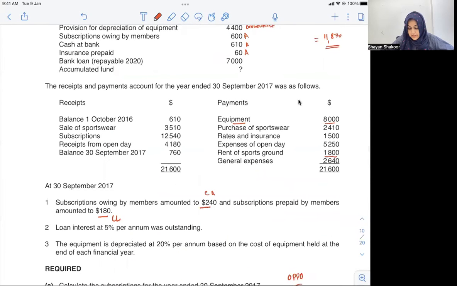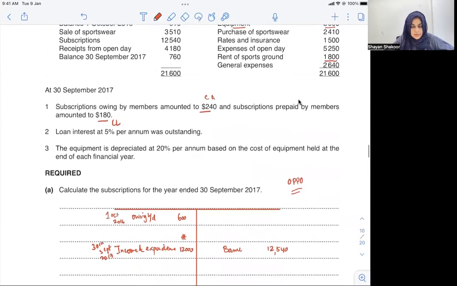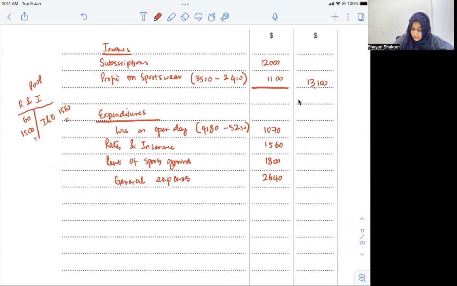Then we've taken rates and insurance, we've taken expenses for open day, we've taken rent for sports grounds, we have taken general expenses. Now, in all the questions, it's very important to incorporate depreciation.